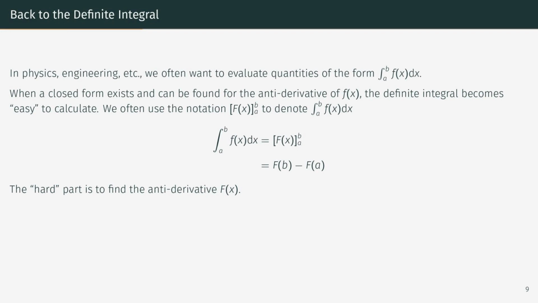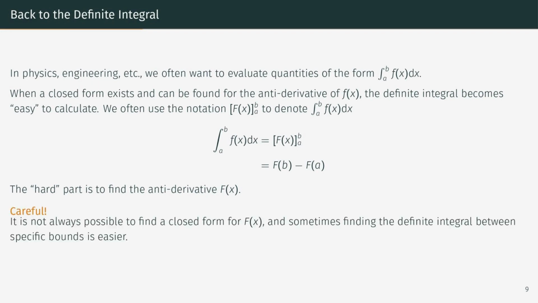The hard part is to find the antiderivative F of x. We should be careful because it is not always possible to find a closed form for F of x, and sometimes finding the definite integral between specific bounds is easier.